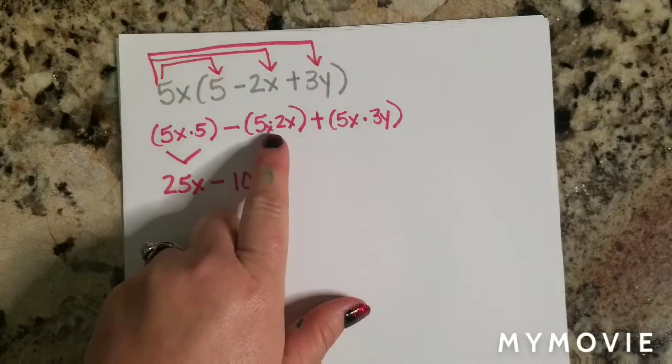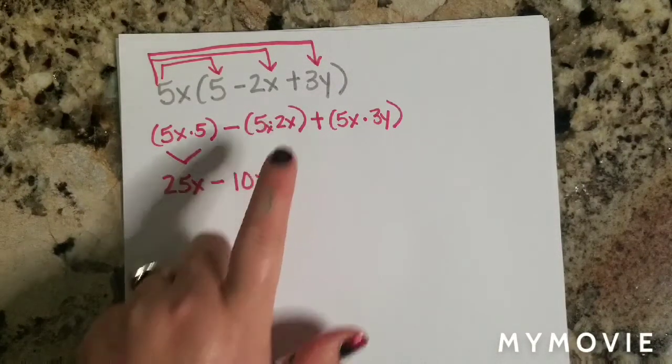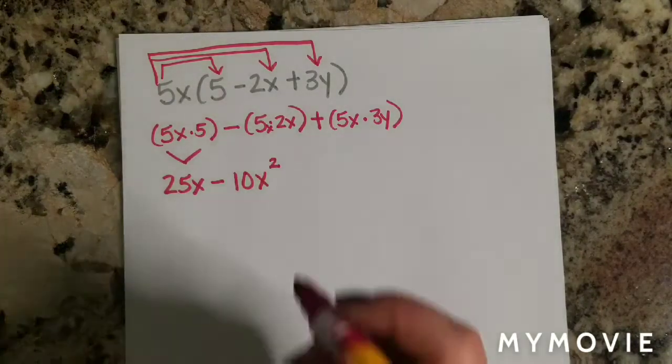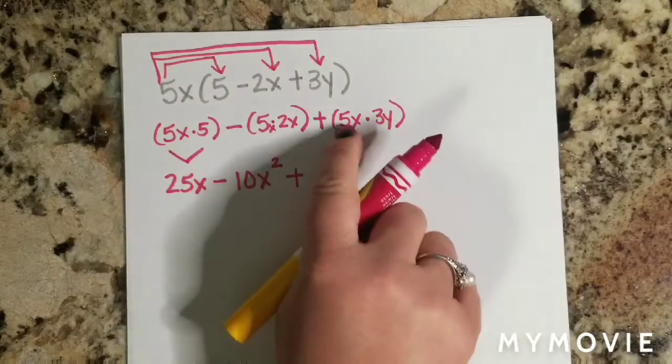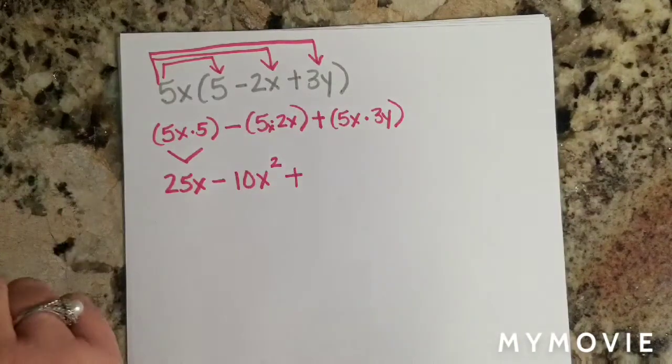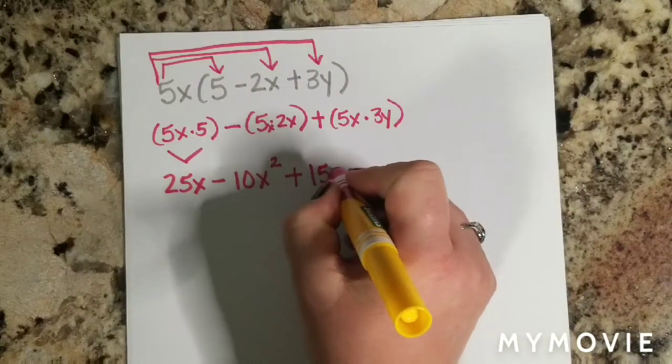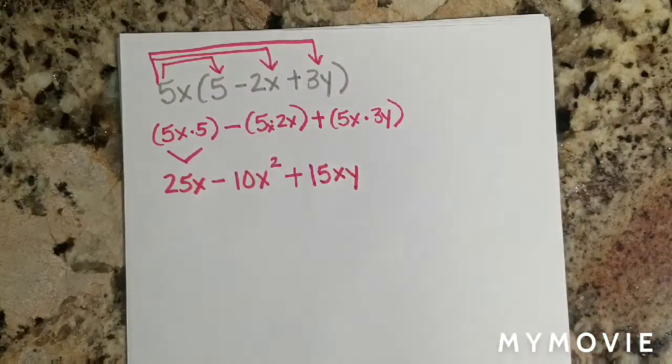Because I had an x times an x. So that is x squared. Plus 5x times 3y. This would become 15xy. You've got to bring those variables. So this looks a little different.